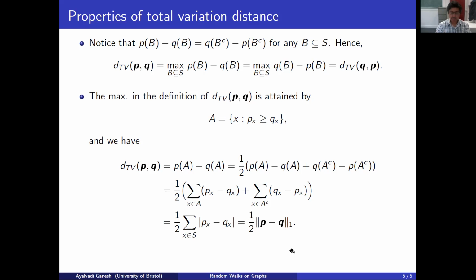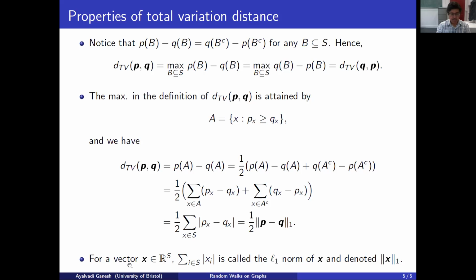So that's another name for the L1 distance. Okay, so the total variation distance is really the same as the L1 distance between these vectors rather than the Euclidean distance, and it's up to a scaling factor of half.